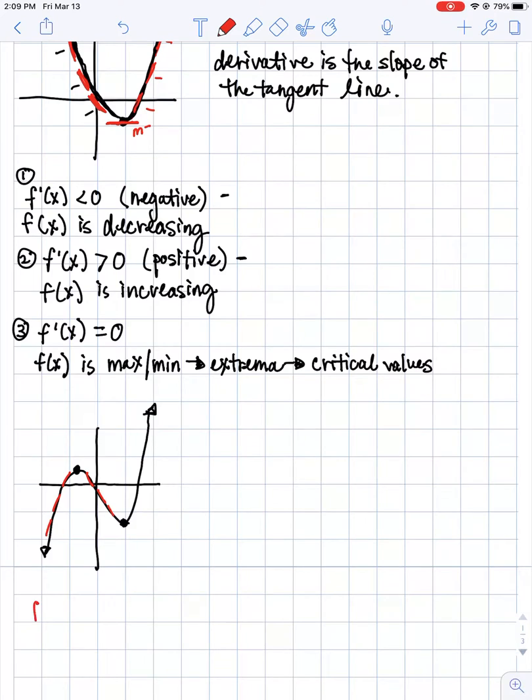So if the derivative goes from greater than 0, which means positive, to the derivative turning negative, take a look: derivative is positive, positive, positive, derivative is negative, negative, negative. Then your critical value is a max.